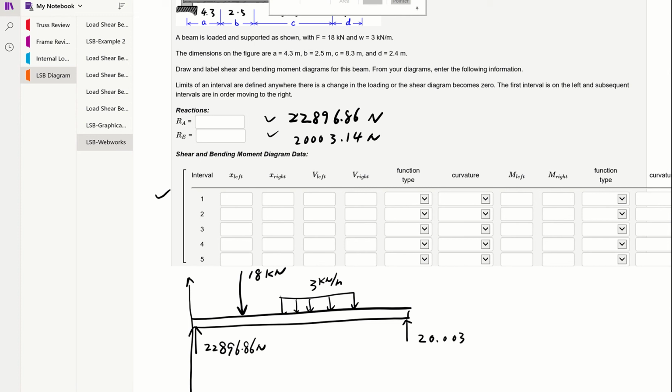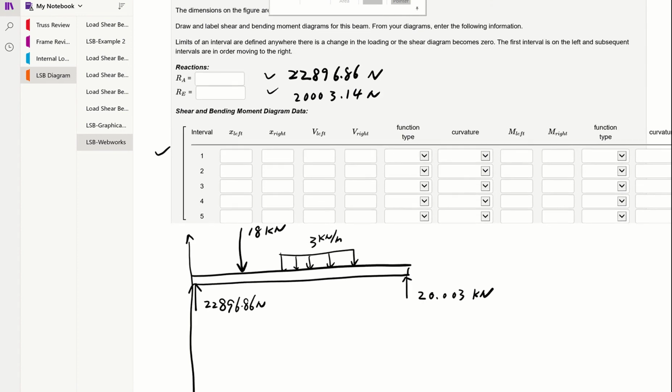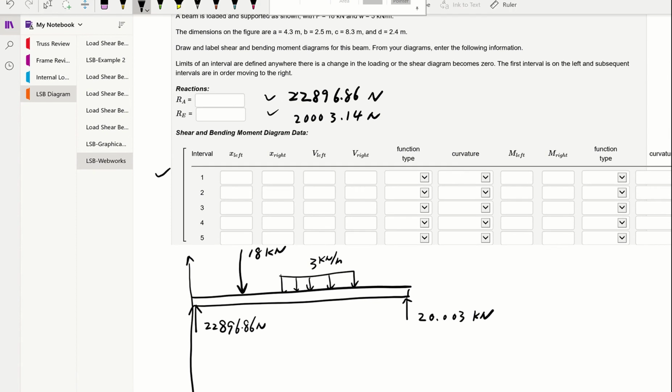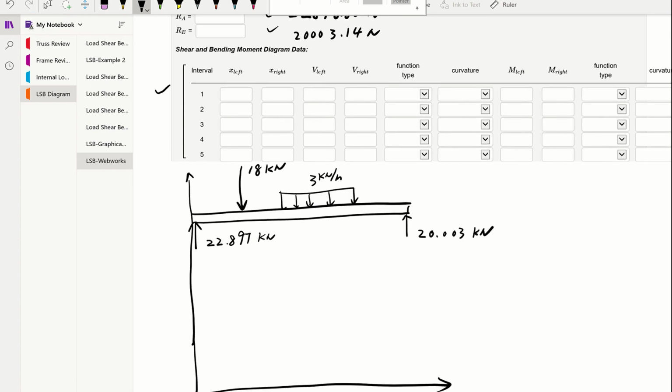I'm ignoring the remaining digits, but you know, for WebWorks, you probably cannot. So I'm actually going to erase this one and change that to kilonewton as well. That will give me 22.897 kilonewton. All right, so that's our loading.